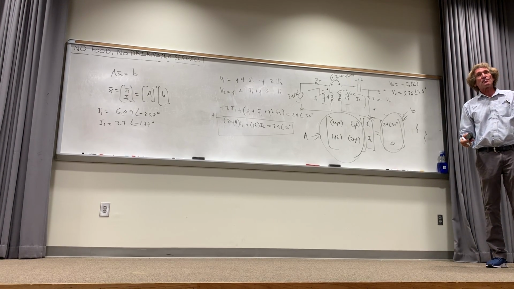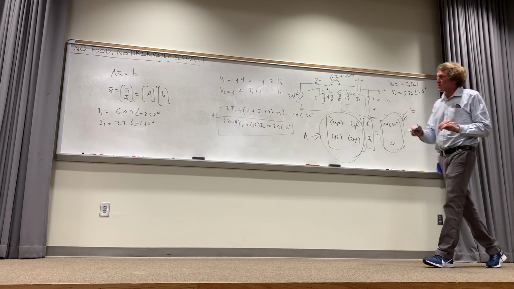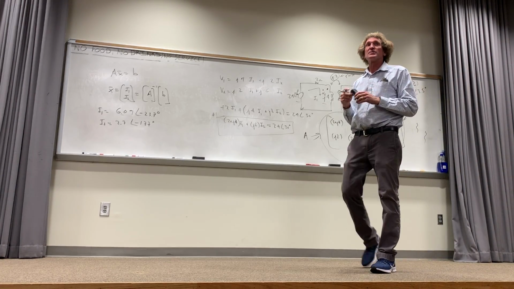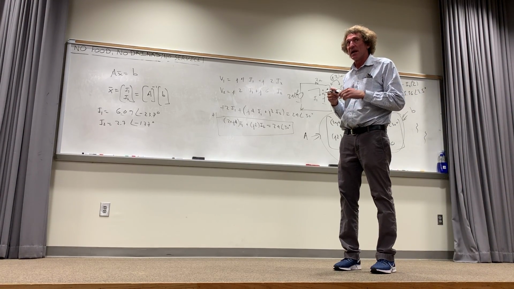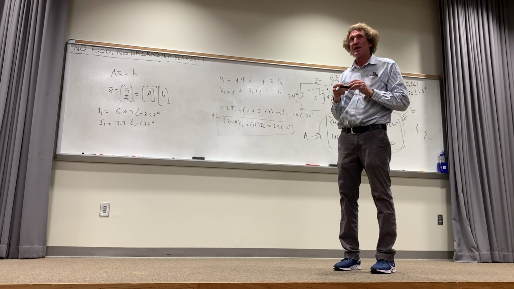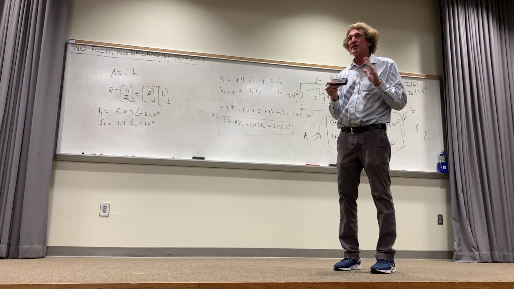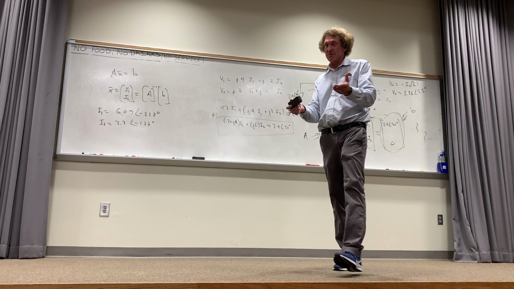You all understand the principle here? I'm trying to lay down some ground rules for you. What you do is KVL equations around the first and second loop, and then use the linkage, what V1 is in terms of I1 and I2. You have to do this methodically every time. And here's why. You're going to look on the internet. I always have people say, but I saw this on the internet.